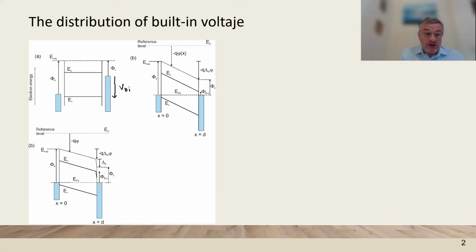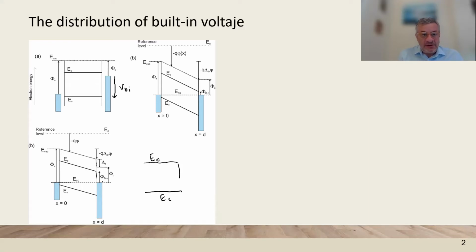But another possibility is that a part of the built-in voltage is absorbed at the contact, like a dipole layer. Then the electrical field across the semiconductor will be smaller, and eventually we can have the whole drop at one contact, and then the bands will be flat, and still we will have the semiconductor in equilibrium with the contacts.